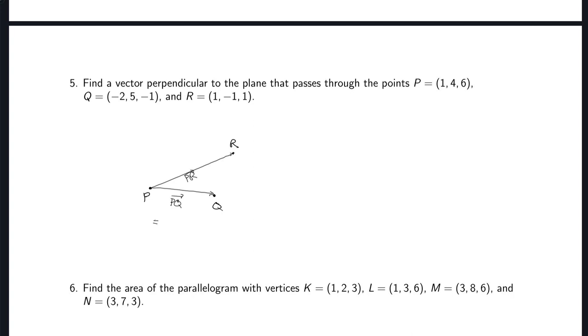And PQ, from P to Q, the x component, 1 to -2, is a -3. The y component, 4 to 5, is a 1. And then the z component, 6 to -1, is a -7. PR, let's make this a little easier to read here.